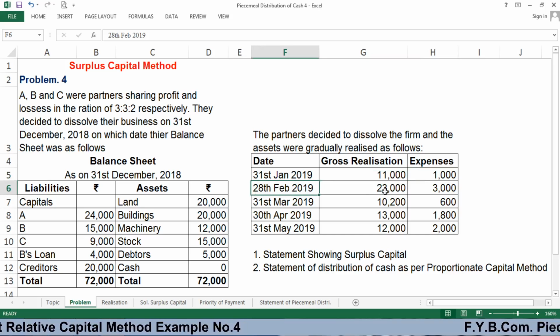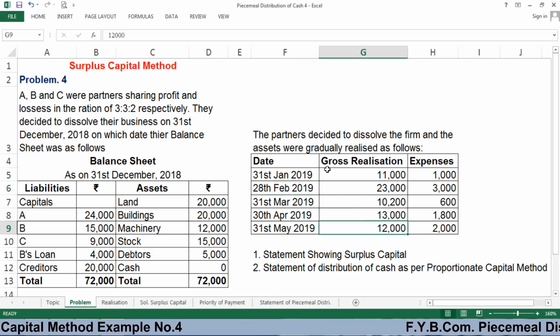On 20th February 23,000, on 31st March 2019 10,200, on 30th April 2019 13,000, and on 31st May 2019 12,000. The example asks you to prepare a statement showing surplus capital and a statement of distribution of cash as per the proportionate capital method, that is the surplus capital method.